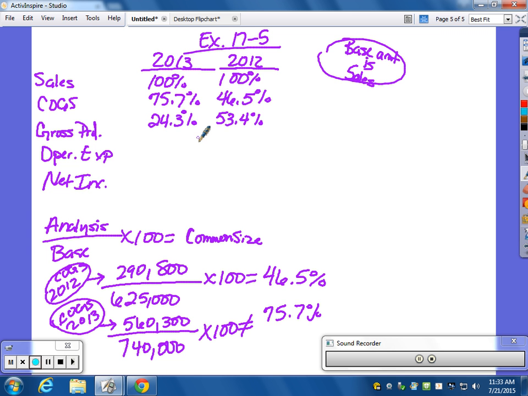What about operating expenses 2012? 34.9%, or 35%.